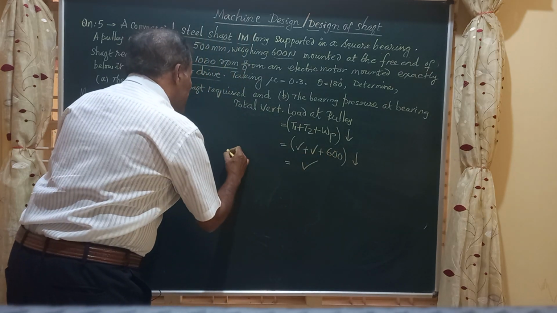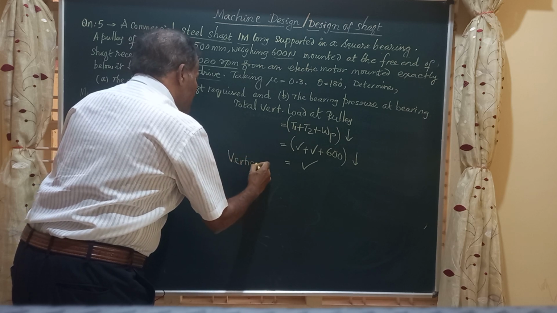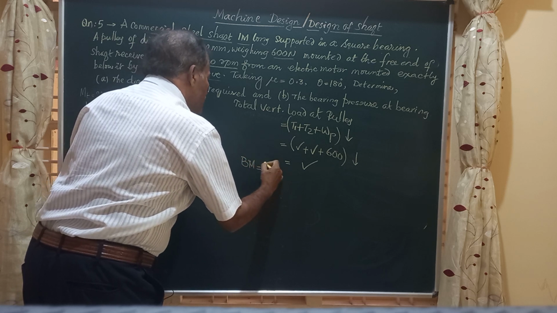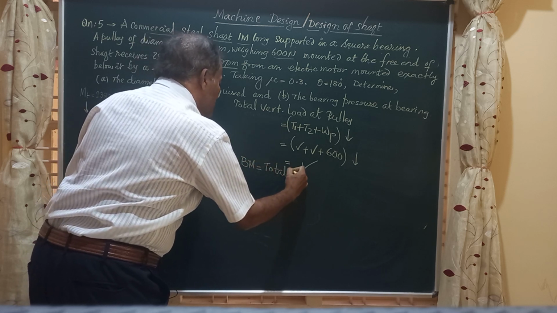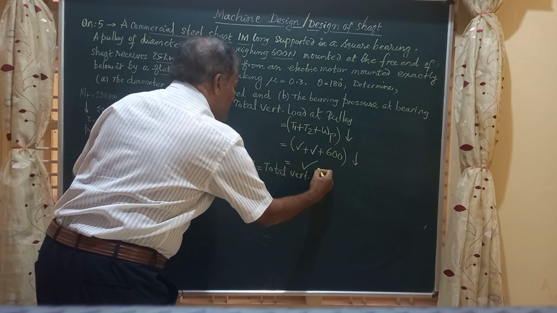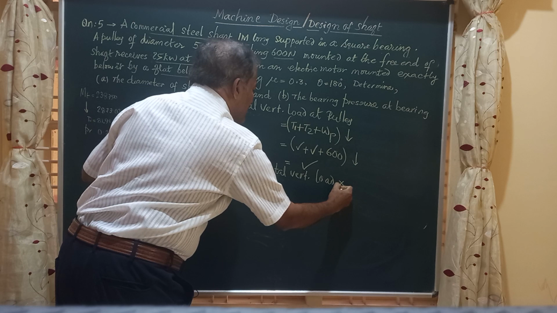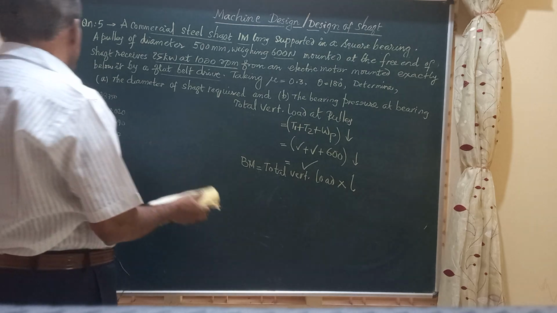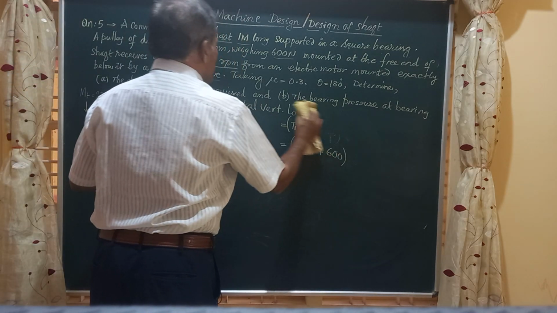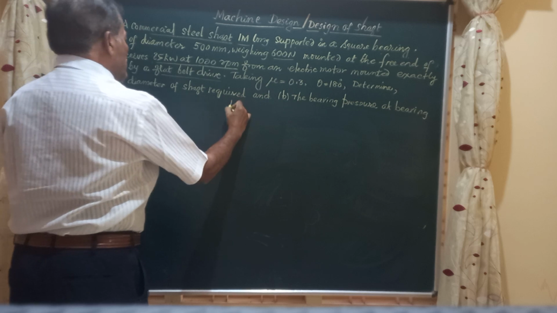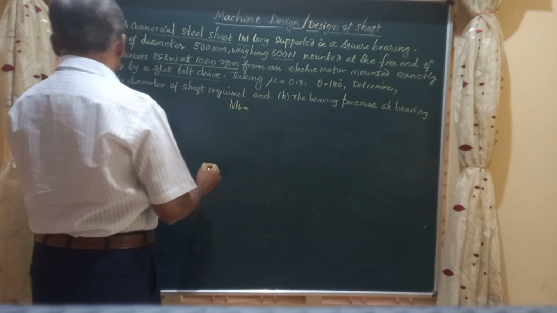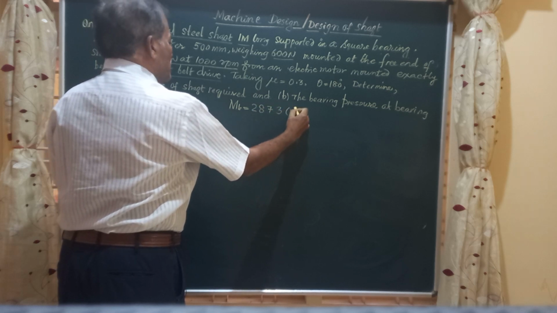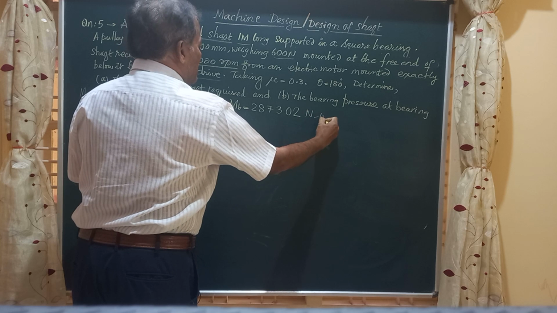Friends, the vertical bending moment, or you can say the bending moment, is equal to the total vertical load multiplied by L, the length. Friends, if you simplify, this works out to 28730 Newton millimeter.